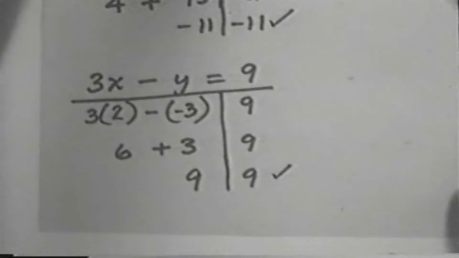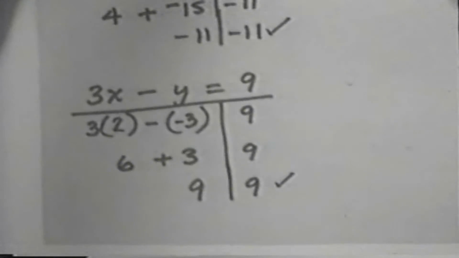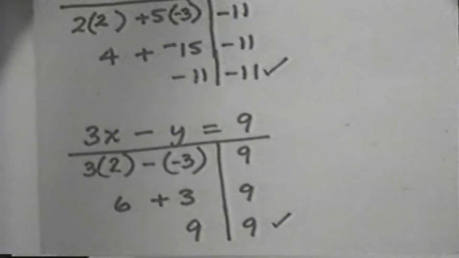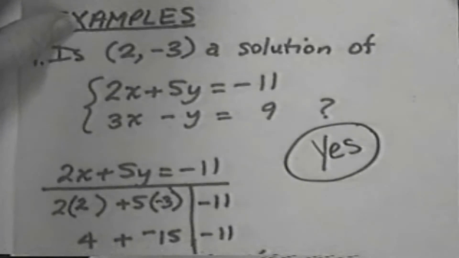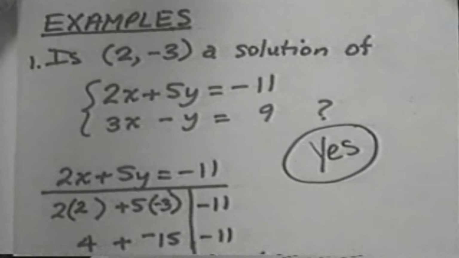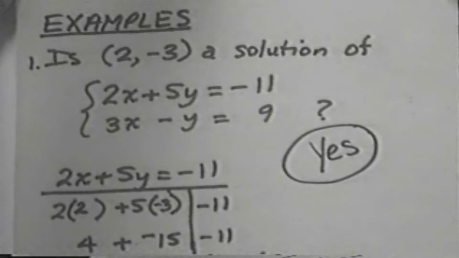Yes, it is, because the ordered pair does satisfy both equations, and so we can go back to the question, is this a solution? And answer yes. Yes, this ordered pair is a solution of 2x plus 5y equals -11 and 3x minus y equals 9.